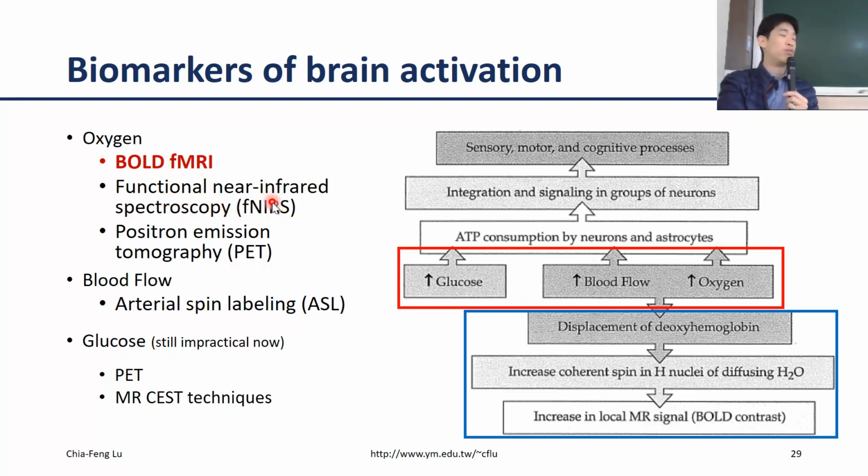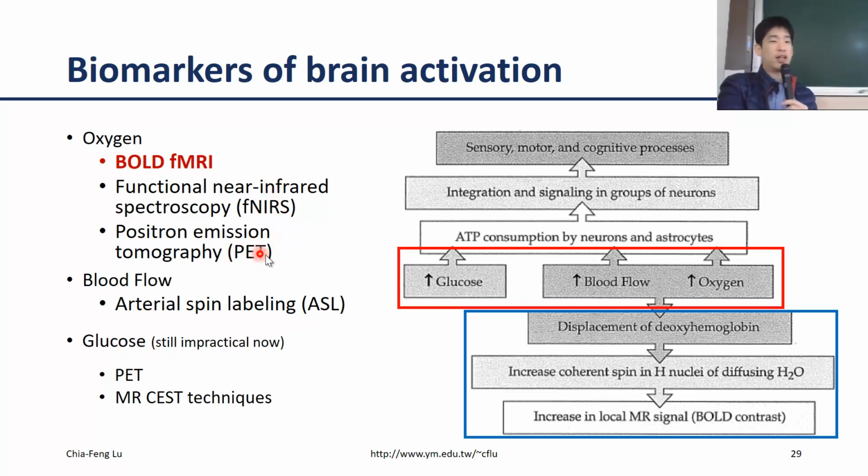It's a more elegant way, in that you can resolve both the oxygenated hemoglobin and deoxygenated hemoglobin. For BOLD fMRI, you can see the reverse relationship between the deoxygenated hemoglobin and the signal intensity. But when you use functional near-infrared spectroscopy, you can see both. You can actually measure the concentration of the oxy and deoxy hemoglobin.